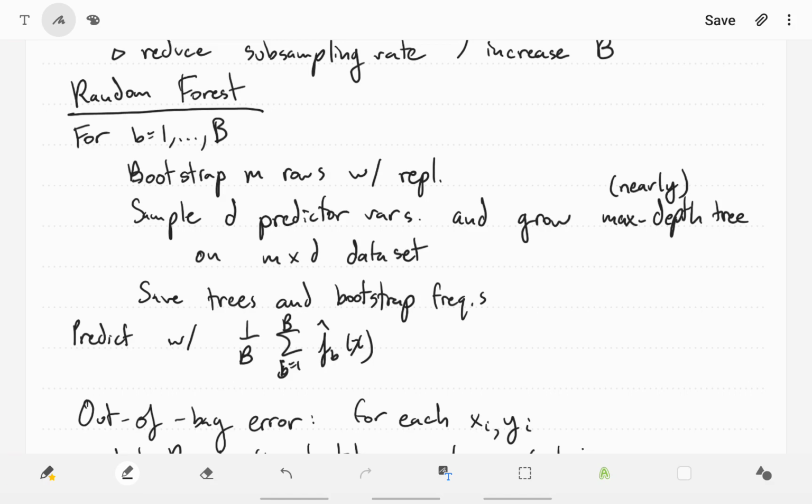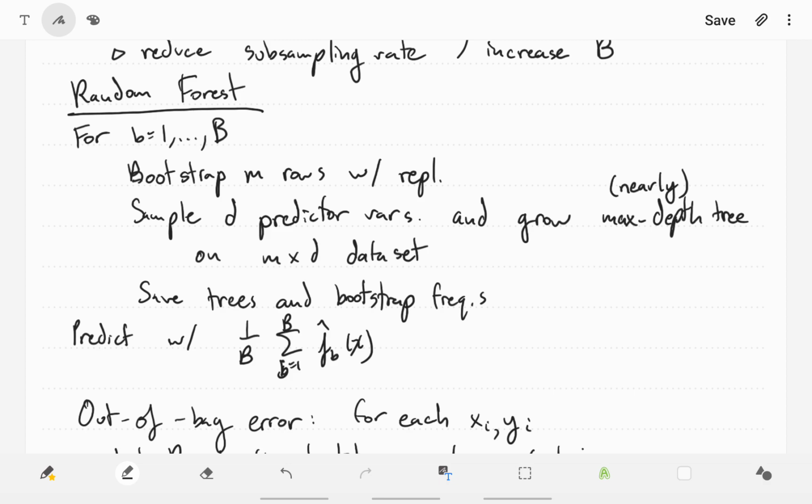Because we sample the predictor variables, we get to see how often predictor variables were used within the random forest as a splitting variable. We don't necessarily require sampling the predictor variables to get this, but there are a lot of very intuitive scores that come out of this, such as variable importance.